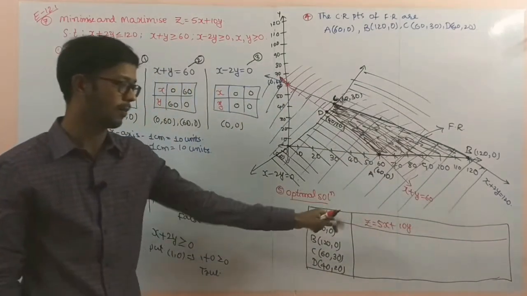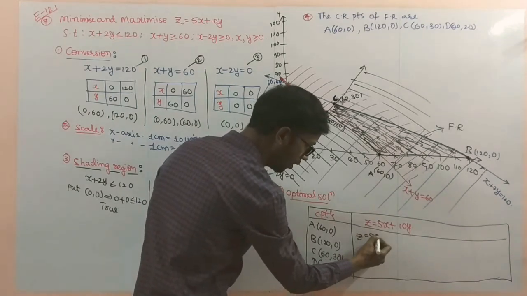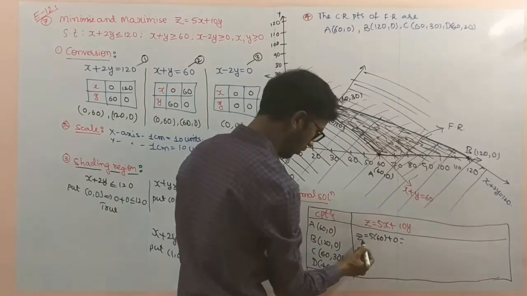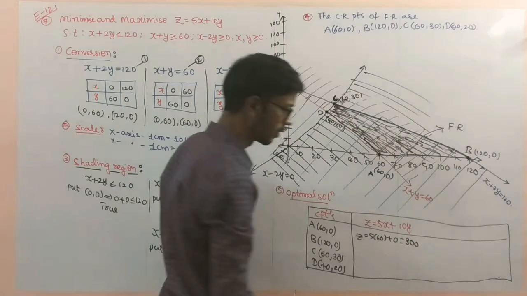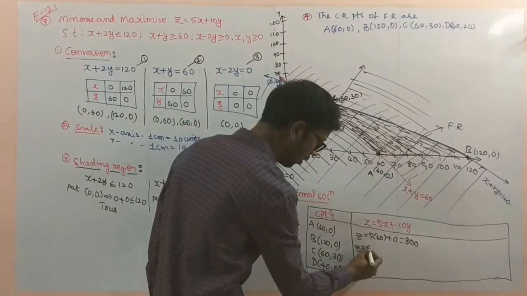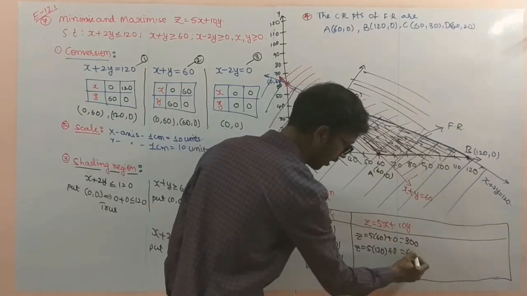So now substitute here: 5 into 60 plus 0, you will get 300. Z equal to 5 into 120 plus 0, that is 600 you will get.